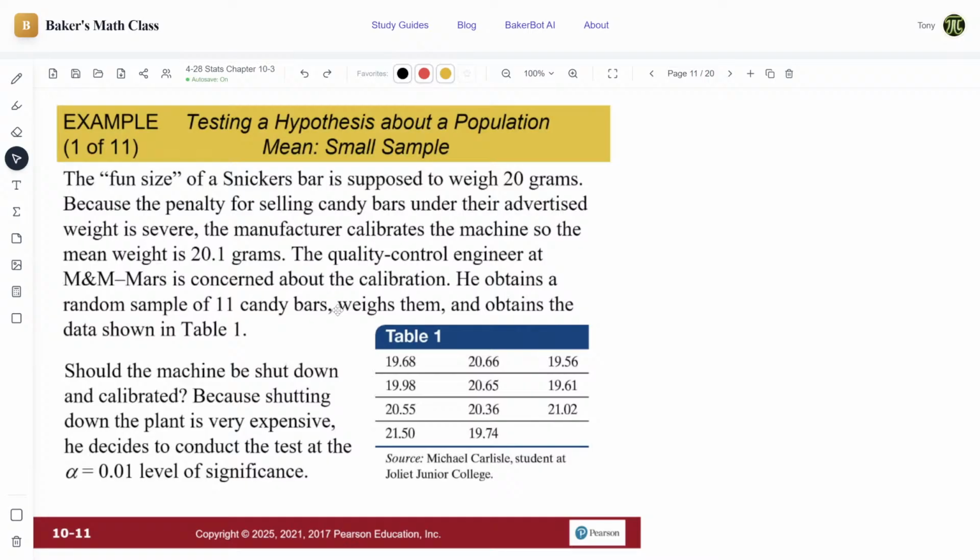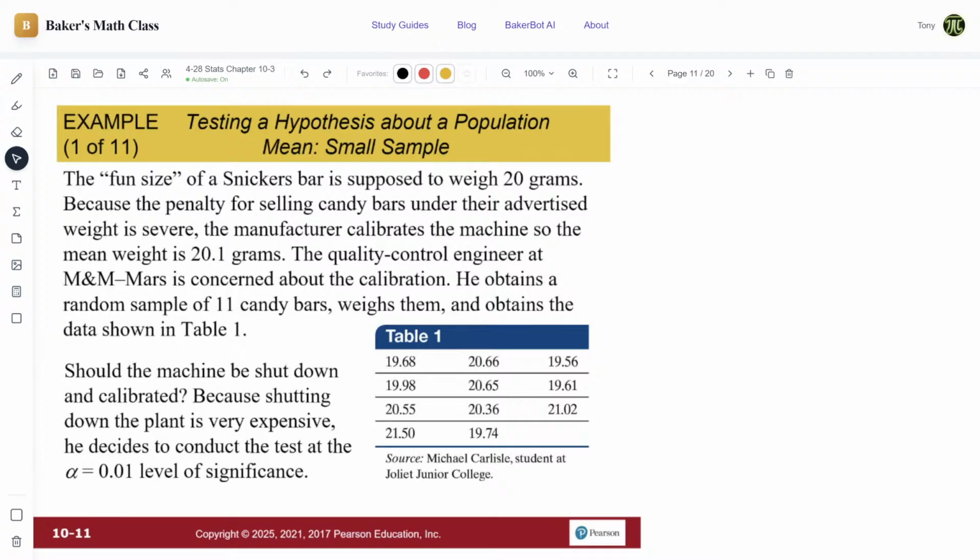All right, so what makes this one more difficult, or what makes this one different? It's supposed to weigh 20 grams.